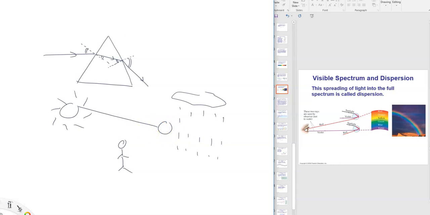Let me redraw this. Light comes in. Here, like a prism, this water droplet. You draw a perpendicular, it bends, right? It bends, and it separates the light into different colors.